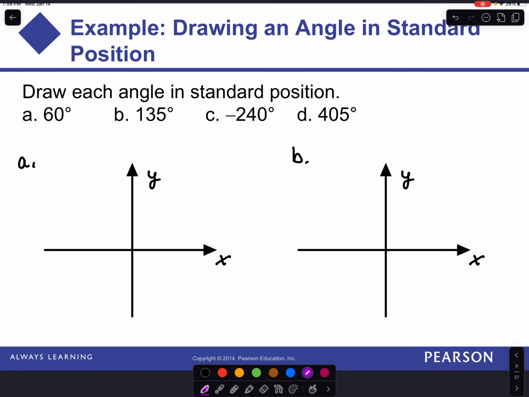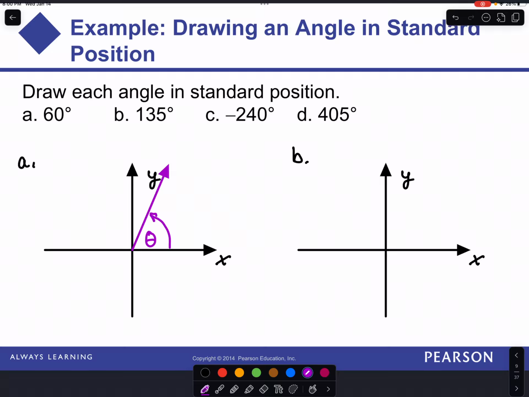So here we're asked to draw each angle in the standard position, okay? So then for A, we want a 60-degree angle. That should put us where? In quadrant 1. So if that's 45, 60 is like right about here. And we went this direction.